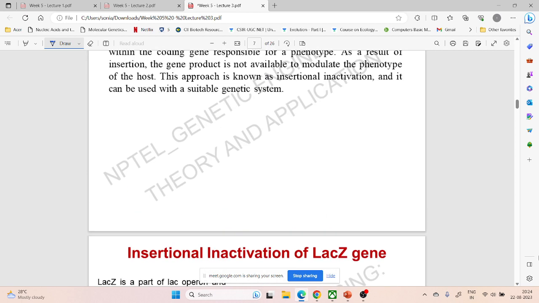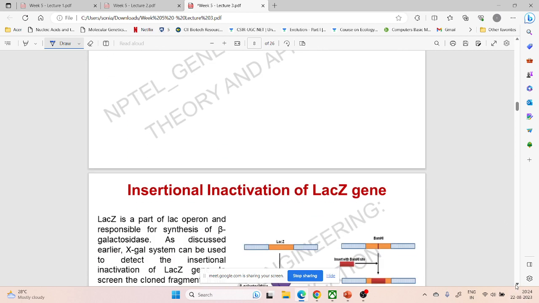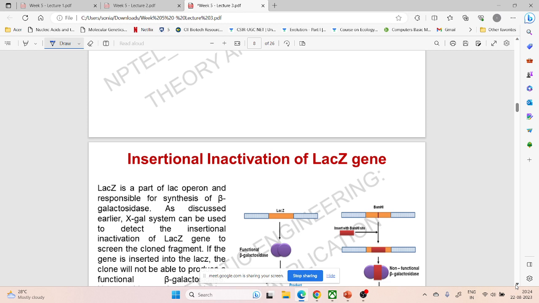Okay, so basically we all have studied about an operon which is known as lac operon. In the lac operon, the three genes which are very important are Z, Y, A. So this lacZ gene, which is present in the lac operon, is responsible for the synthesis of an enzyme which is known as beta galactosidase.